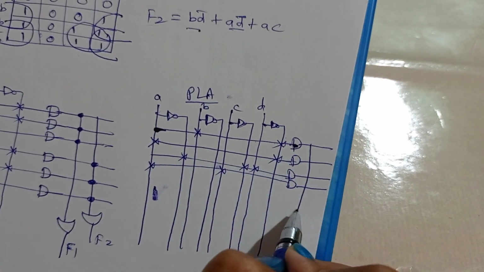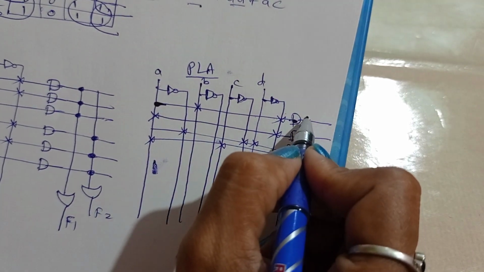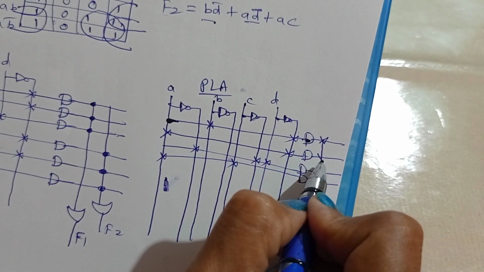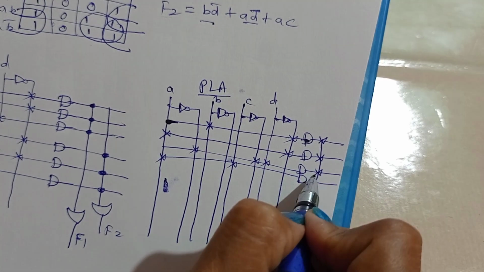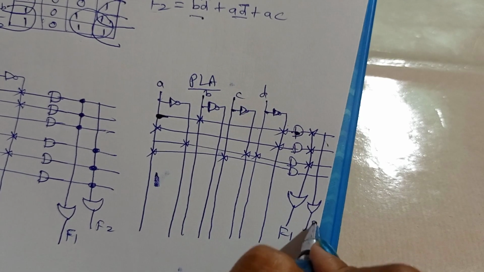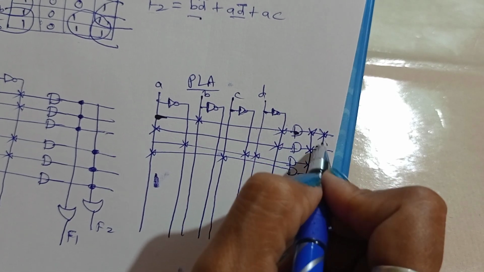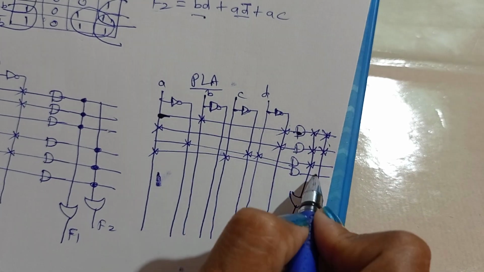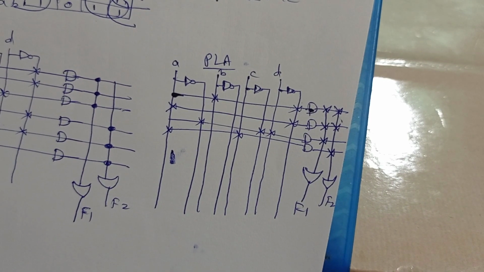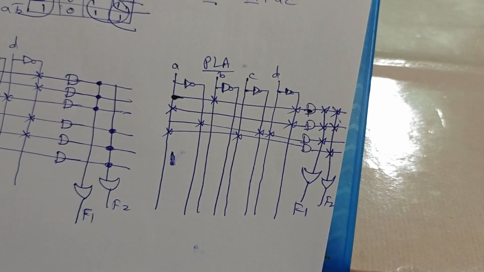Now for OR, that is for F1, we can directly connect B D bar, A D bar and A bar C bar D. Same as one more for F2, that is B D bar, A D bar and with A C. This becomes F2. Both are programmable, so the circuit design becomes simple. This is PLA.